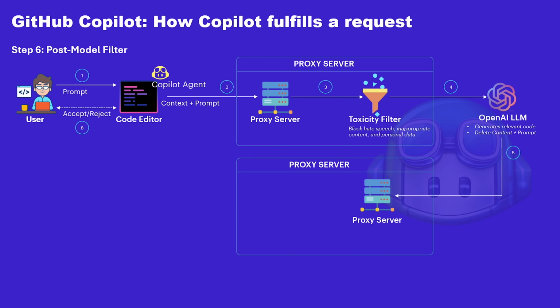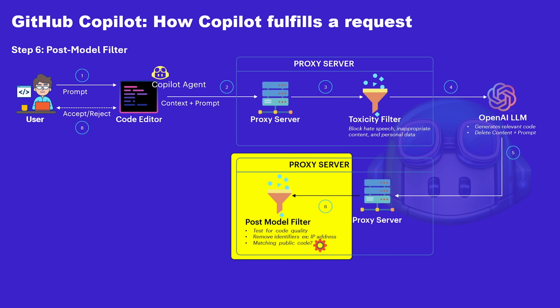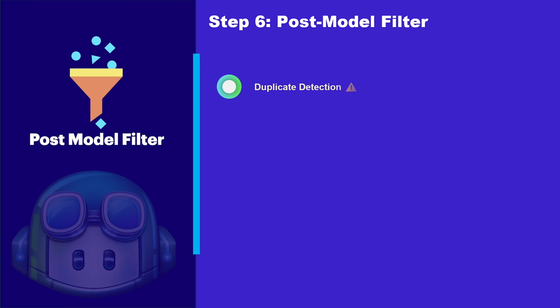Even after validation, Copilot applies a final safeguard, post-model filtering, to protect both users and the open source ecosystem. If Copilot suggests 150 plus characters matching public GitHub code, Copilot discards it. It removes white spaces and compares the text against a large public code index to avoid copyright or security issues.